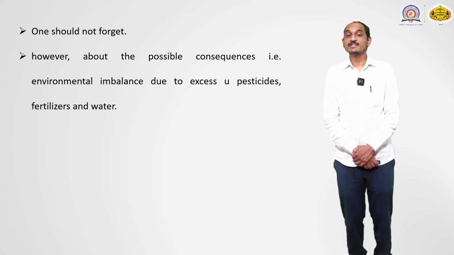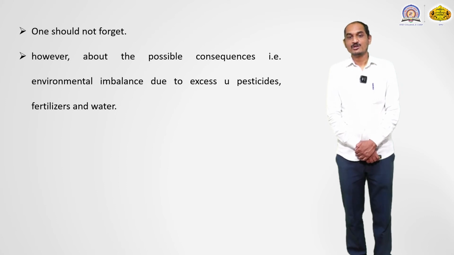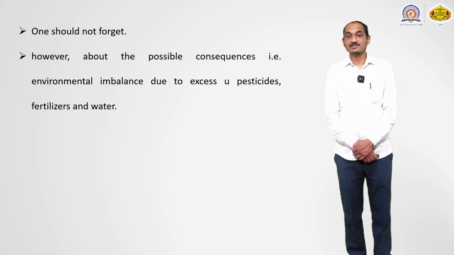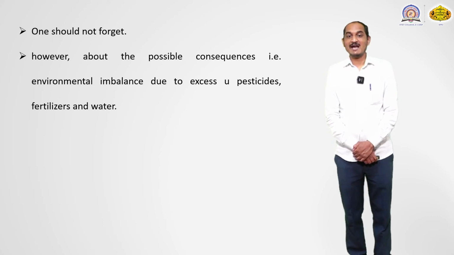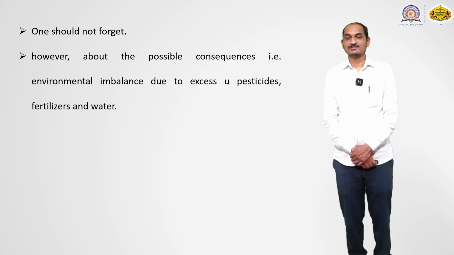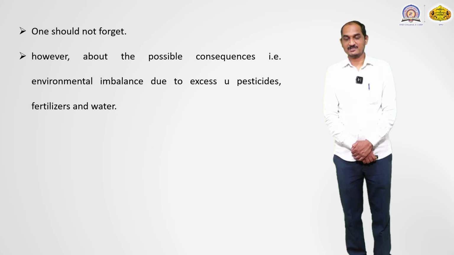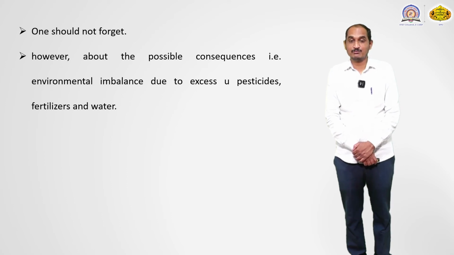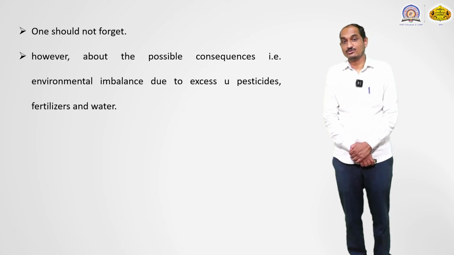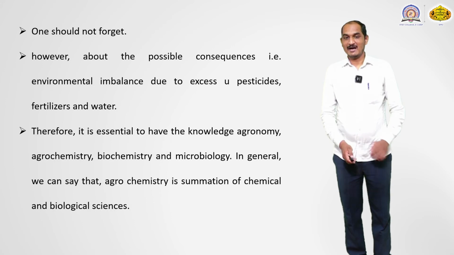But during their use, we must remember that the environmental balance must be maintained, because of the environmental imbalance due to the excessive use of pesticides, fertilizers and water. So during the application of all these chemical compositions, we must remember the environmental balance.